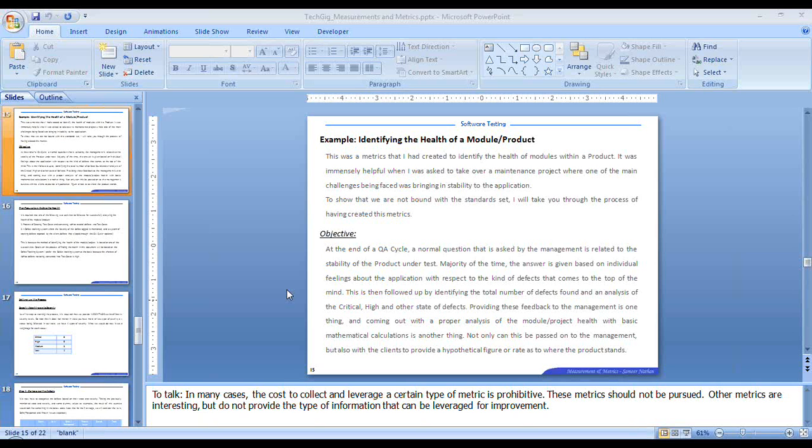Because these functionalities, even though they are working properly, will have defects associated with them. So that was the reason why we took the defect approach. Okay, taking the test cases is another approach. But the problem with test cases is, what if there are ad hoc defects in your system which have not been converted into test cases? Or defects which have been raised due to NFRs or non-functional requirements like stress testing or performance testing.